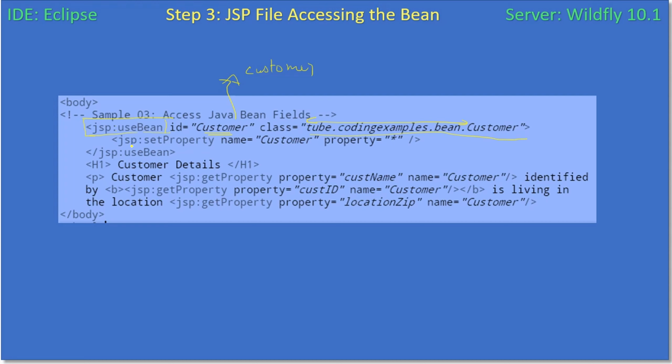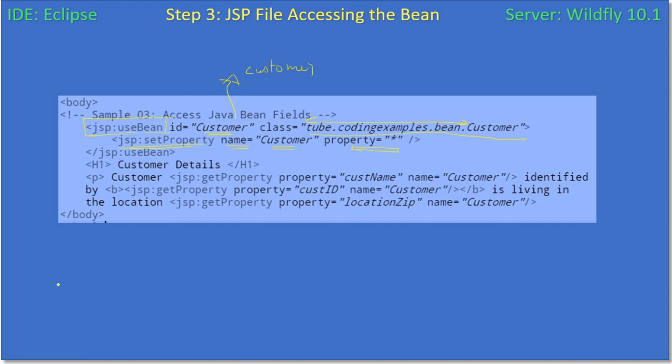So inside the body, if you see JSP setProperty name, that means here I am using the JSP setProperty and I'm referring the customer bean, that means this bean, then property equal to star, that's what we are specifying.